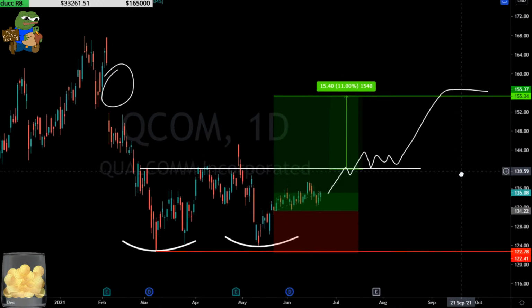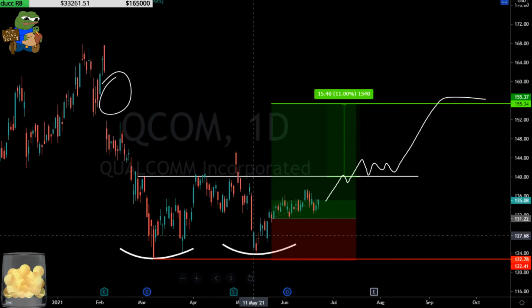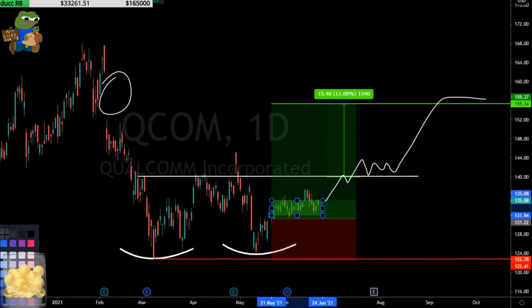So let's see. This is Qualcomm, Electronic Technology, Tech Comms Equipment, Telecommunications. I don't know what this is. Anyways, this is still hanging out right at entry, just painting this rectangle box of entriness.